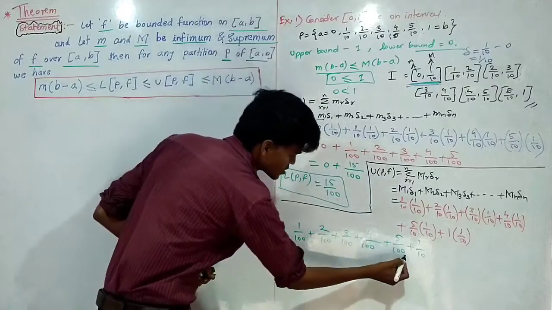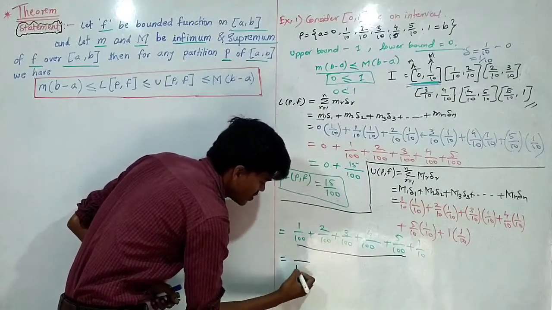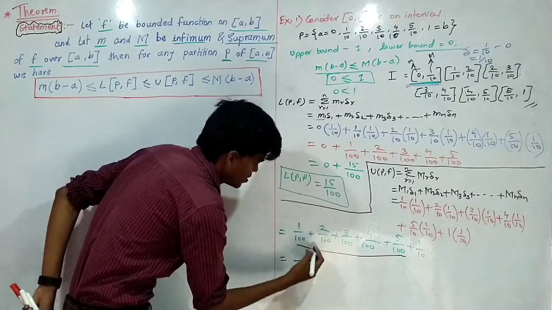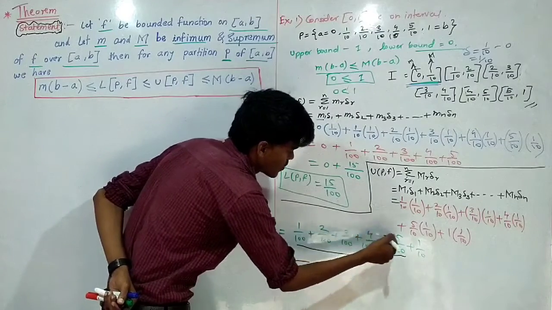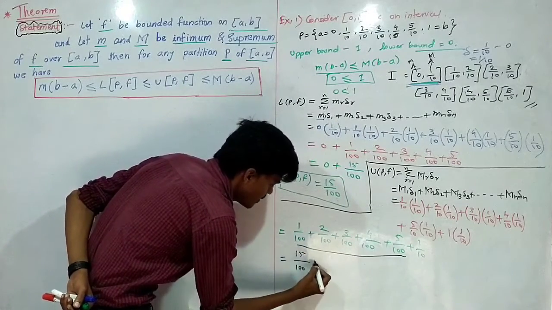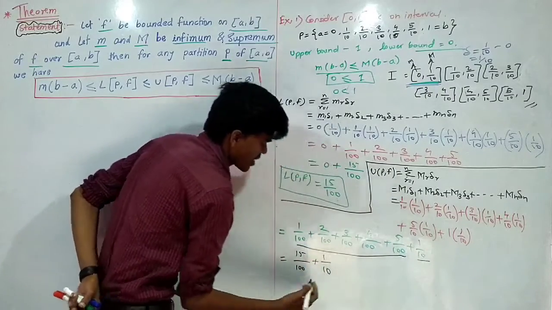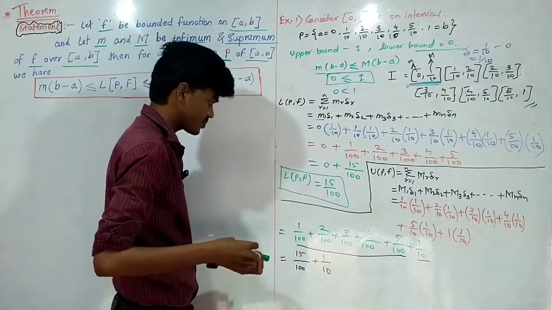Take this calculation aside. The base is common, so I will take 100. 1 plus 2 is 3, 3 plus 3 is 6, 6 plus 4 is 10, 10 plus 5 is 15. So 15 by 100 plus 1 by 10, this term you can write here.